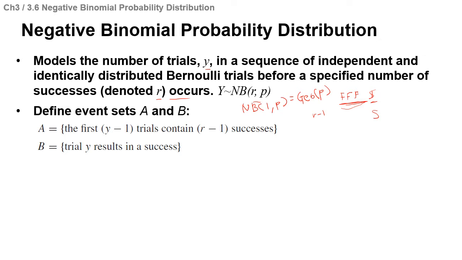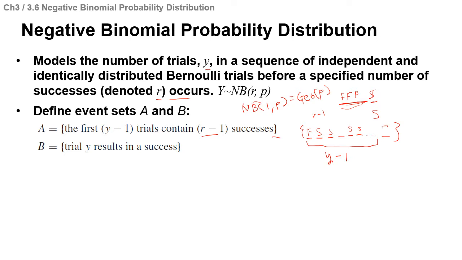So in the set A, what it describes is that for the sample, we have y number of letters, and for the first y minus 1 positions, in each position we have failure or success, and in the first y minus 1 positions, we can have r minus 1 successes.